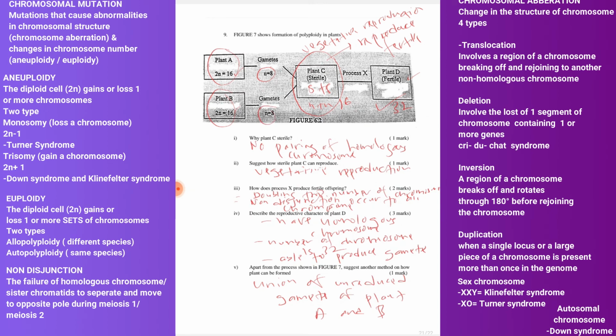So another method, besides vegetative propagation, is to use unreduced gametes in plant A, meaning the gamete will be 16 also.